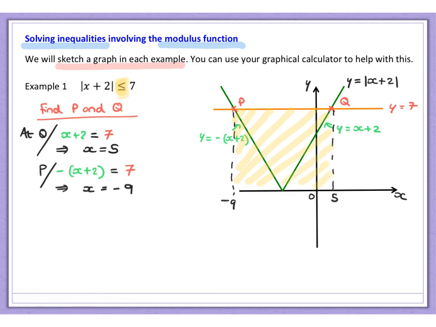Now, the x coordinates which will achieve y coordinates which fall within this region are such that x is less than or equal to 5, greater than or equal to negative 9. And we know the equality is allowed because of the equality in the original question up here. And this is our solution.